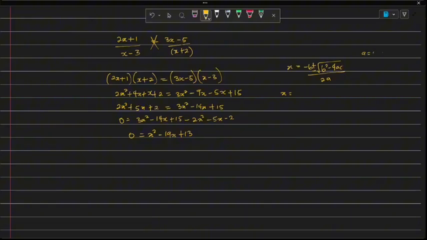A is 1, b is minus 19, and c is 13. So we go, x is equals to, well, minus 19. You should be used to it now. It leaves us with plus 19 because minus times minus is plus. Fair enough. Plus or minus the root of b squared, and our b is minus 19. So when you do minus 19 squared, what do you have? Press your calculator, please.